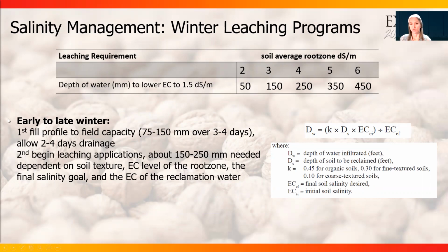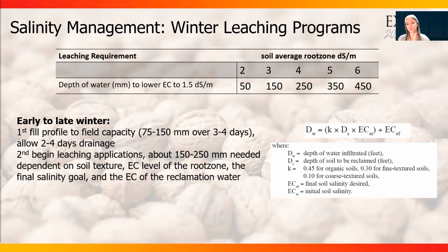Just a general rule of thumb for salinity management from early to late winter. First, you will want to fill your profile to field capacity. So if the soils are dry, you want to make sure they're at field capacity. So between 75 to 150 millimeters applied over a period of 3 to 4 days, and then allow a couple days for drainage.